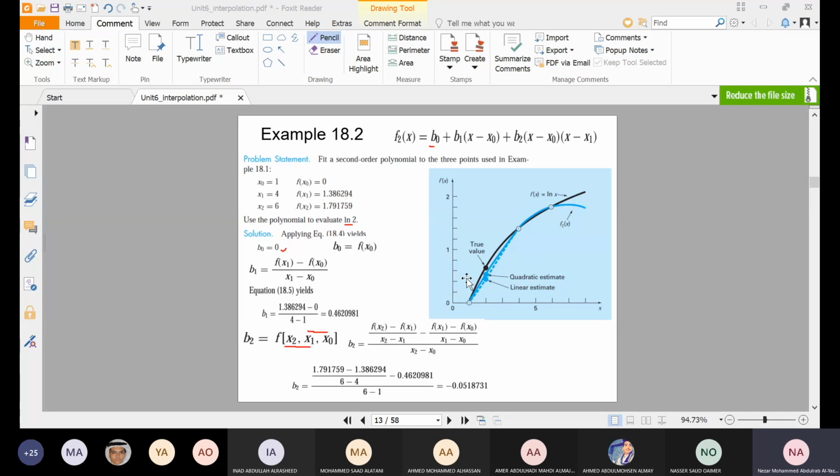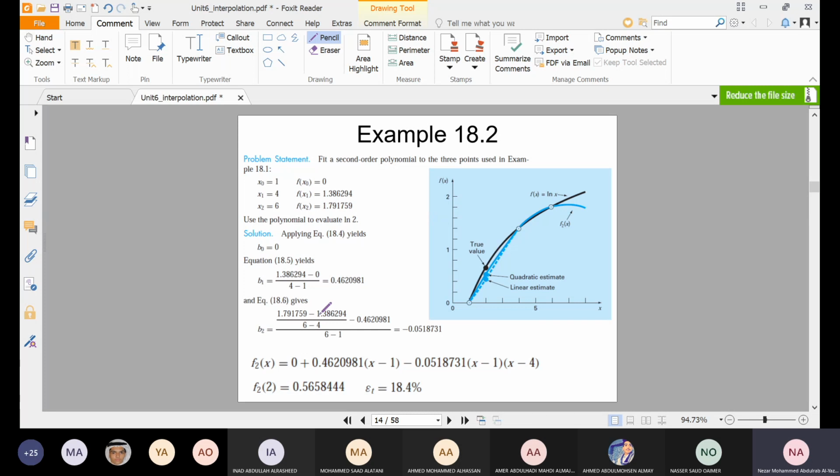Now we have the values of b1 and b2, and we just need to substitute inside this polynomial. I know the values of x1, x0 and x, so we just substitute in the polynomial. If we substitute, we find the estimation of ln 2 equals this value.